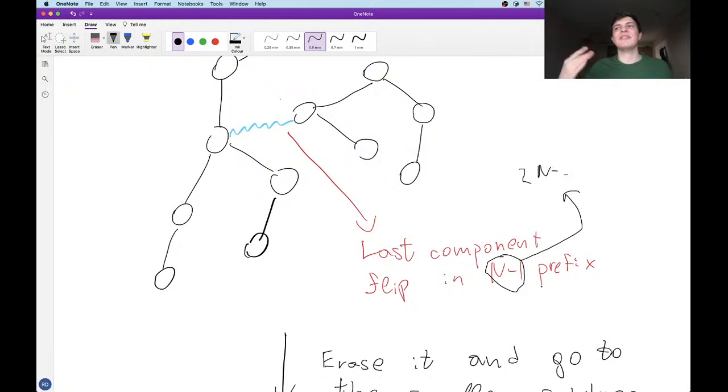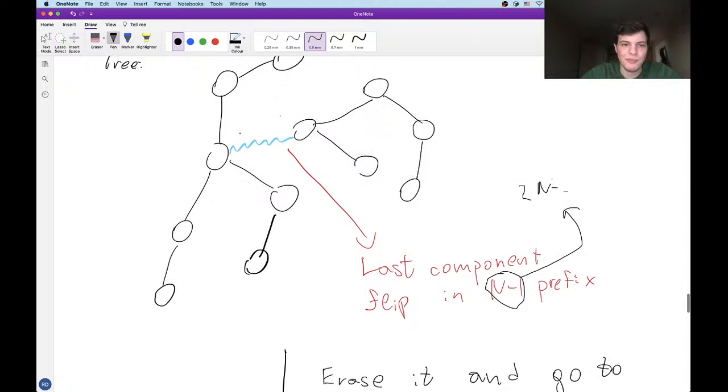Maybe not n, but another n-2 or n-10, or something like that. That's why we are looking at this prefix of n minus 1, because we are going to build some components on the upper side that will guarantee that our algorithm will be able to proceed for another n minus something steps. Like the naive algorithm will be able to proceed for another n minus something steps.